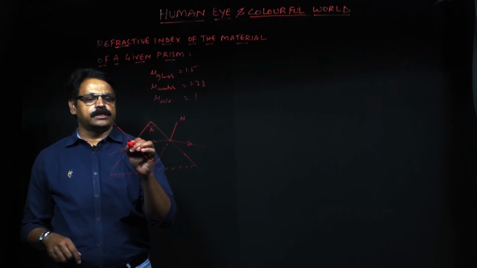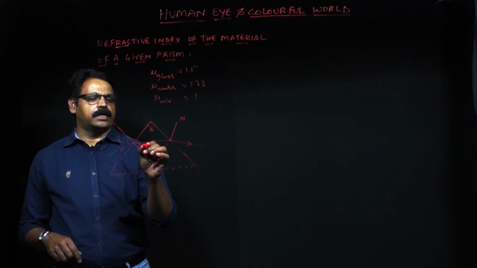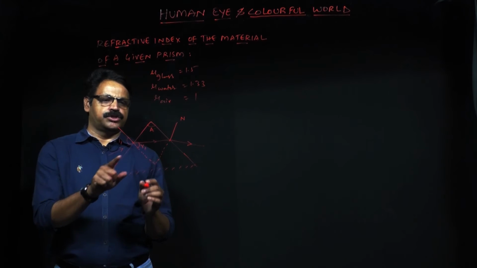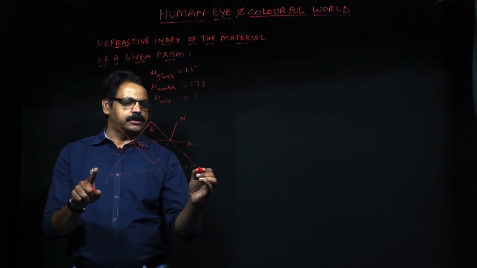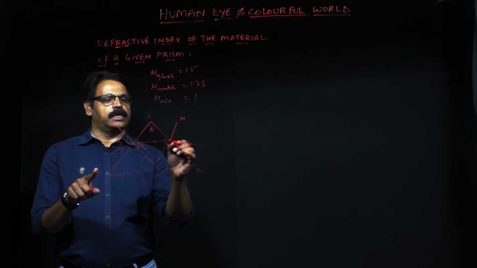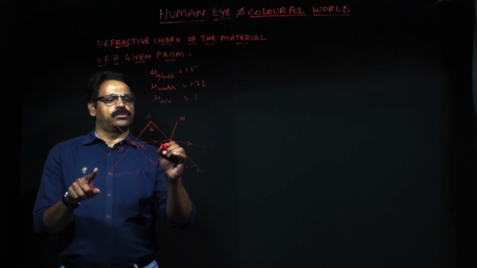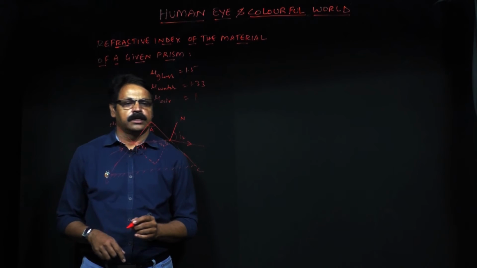Now let us say this is the incidence angle I1, this is the refracted angle at the first surface, and this is the refraction angle R2 at the second surface. This is the emergent angle I2.